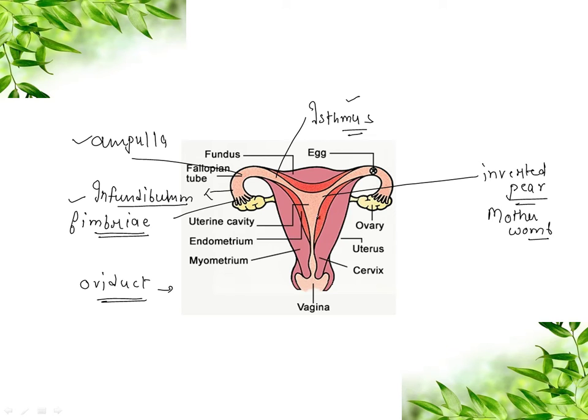The uterus opens to the vagina through the narrow cervix, and the cervical canal along with the vagina form the birth canal.